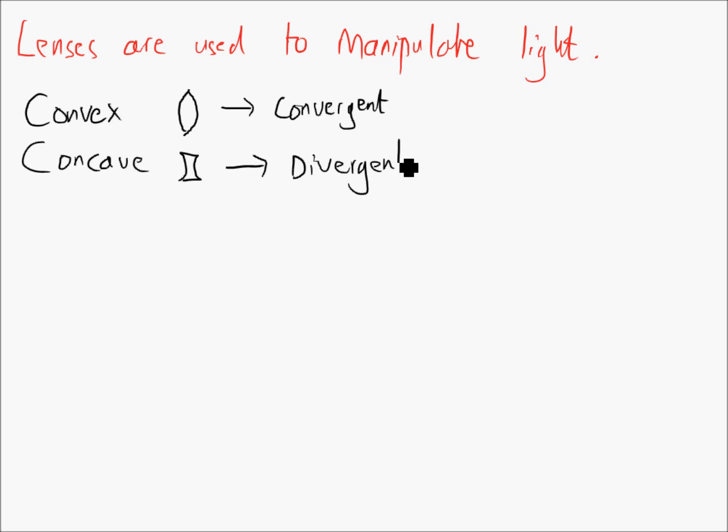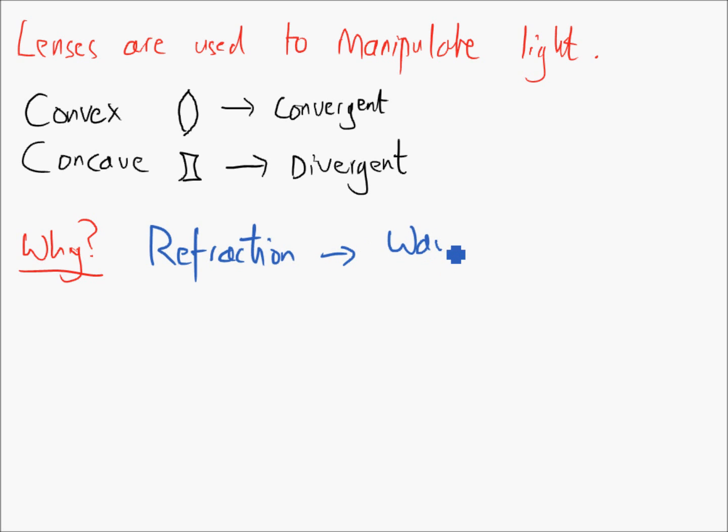Okay, why do the lenses work? Why does this happen at all? What causes this effect? It's a physical phenomenon called refraction. Refraction, it's a phenomenon that affects waves as waves move from one medium to another.